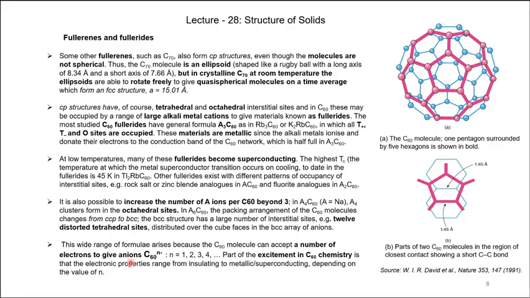Here you can see that the wide range of formulas arises because the C60 molecules can accept a number of electrons, C60 n minus, where n could be 1, 2, 3, 4. And that is the excitement in C60 chemistry, and a large number of researchers throughout the world are working with this type of compounds, fullerenes and fullerides.